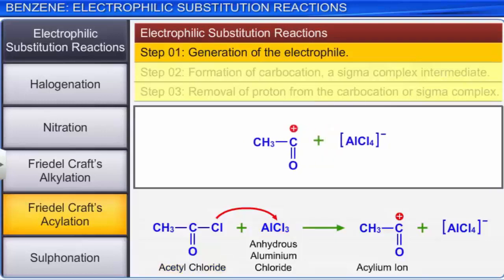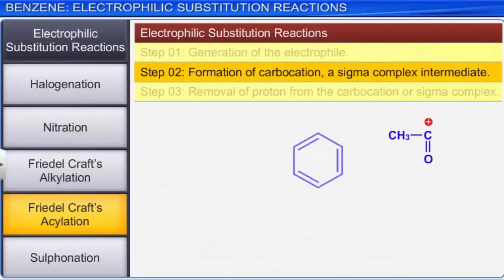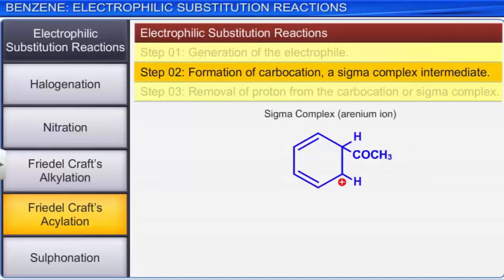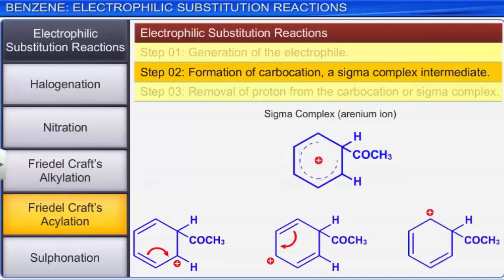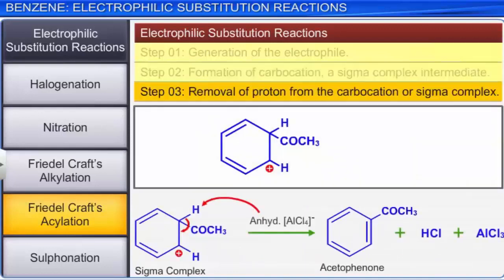In the second step, the acylium ion attacks the pi electron cloud of the benzene ring and forms the less stable intermediate called sigma complex or arenium ion. In the last step, the proton is removed from the intermediate sigma complex in the presence of the nucleophile AlCl4- ion.